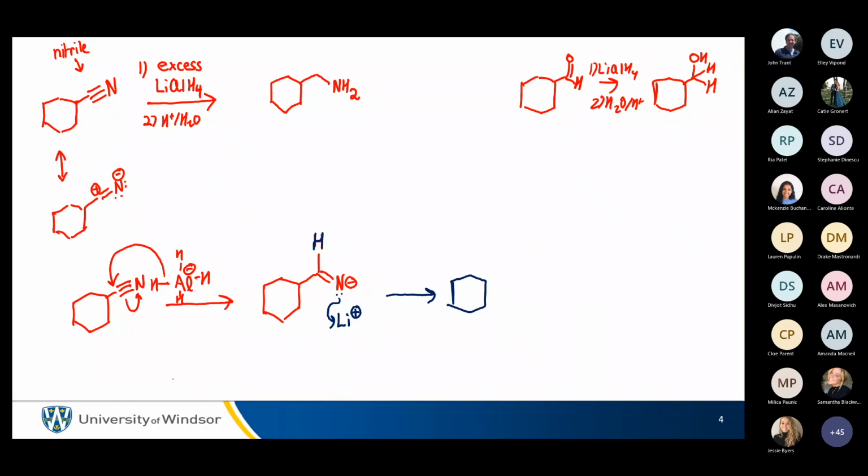So yes, this reaction is asking, it's a good question, Megan, what is the product of the reaction? Product and mechanism. You know what, if I'm asking for the mechanism, I should probably do the right one.